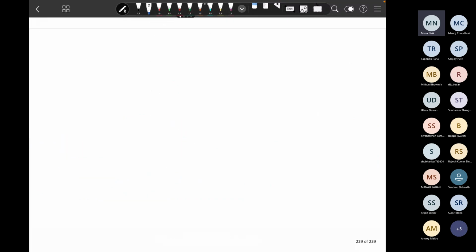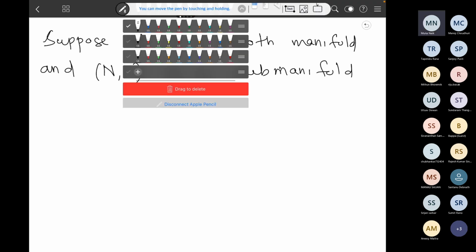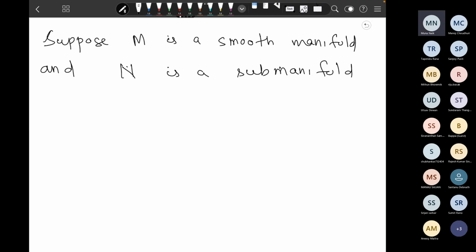So now suppose M is a smooth manifold, and N is a submanifold of M. Then what am I writing?